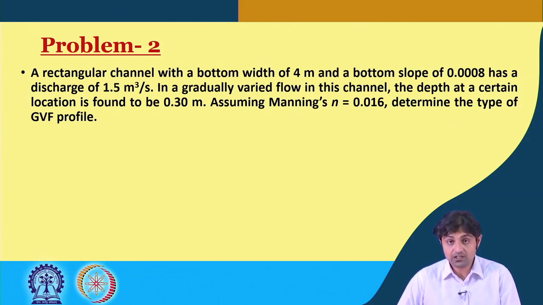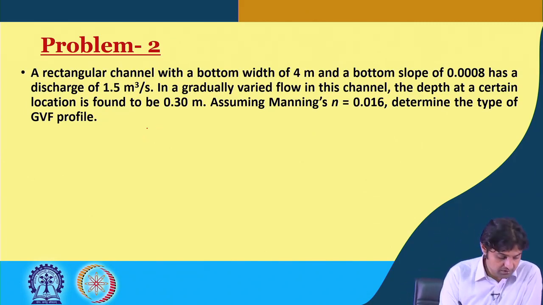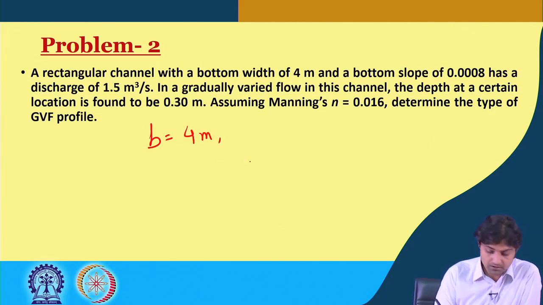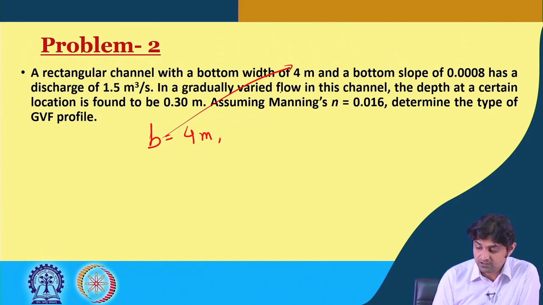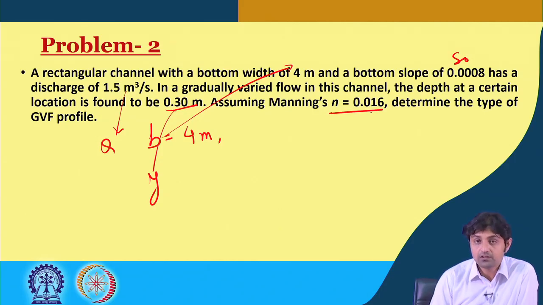Assuming Manning's n is equal to 0.016, determine the type of gradually varied profile. We have been given the bottom width 4 meter, slope S naught, Q, and Y as well. Manning's number is given.